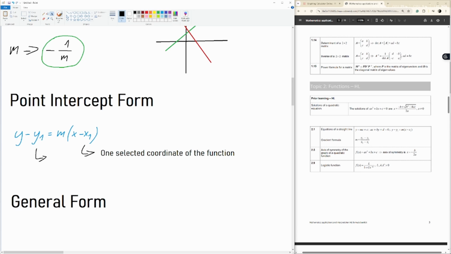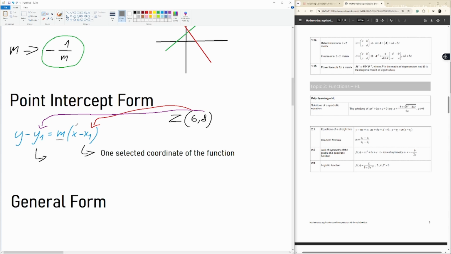It's usually given in your question that a coordinate is, say, 6 and 8, and then you can just plug in your x to be 6 and your y to be 8, and you know what the gradient already is. This is something you have to calculate yourself.